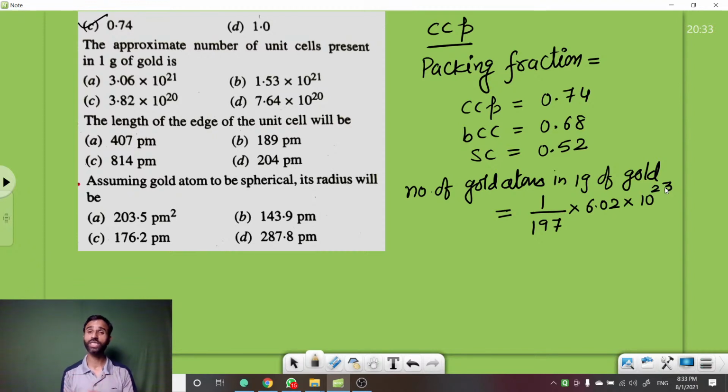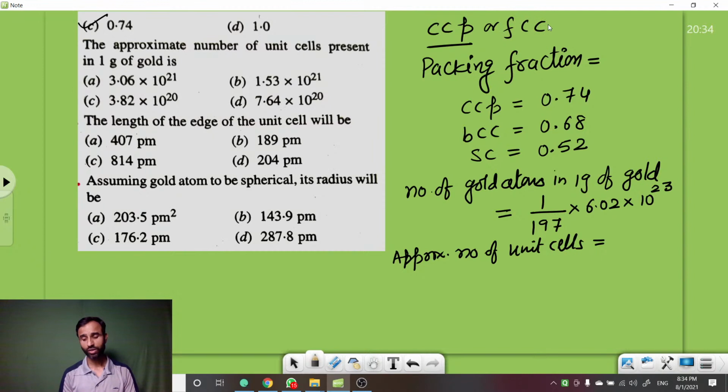Now, the approximate number of unit cells. How many atoms are present in 1 unit cell? CCP means FCC. So tell me the number of atoms per unit cell in FCC. Yes, beta.